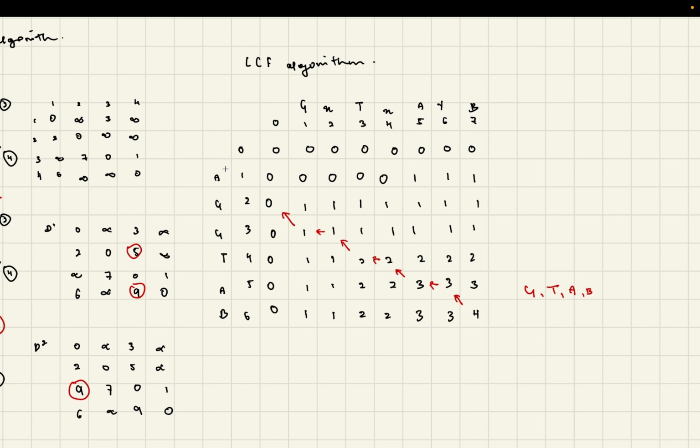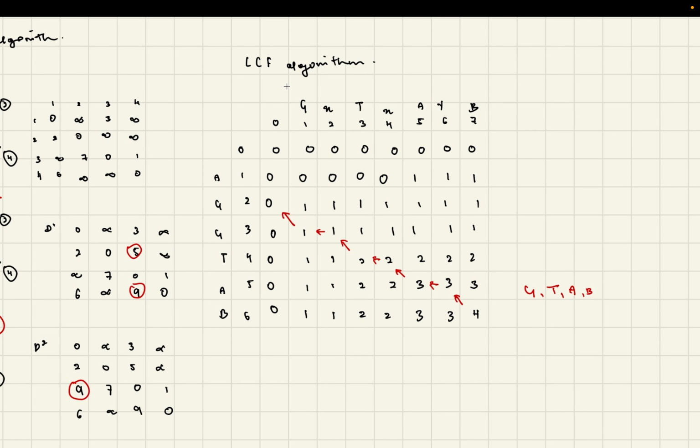And then for the first row, as we can see, they have no common alphabet, A and G we can compare. So the value is 0 until we reach the 5th index of the row. We can find the common value, which is A, and then we put 1, and we put 1 along the way, because as we go further we collect the alphabet.